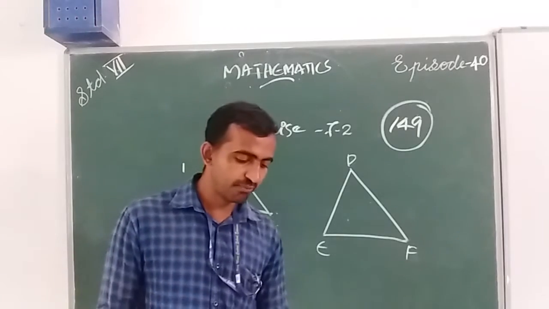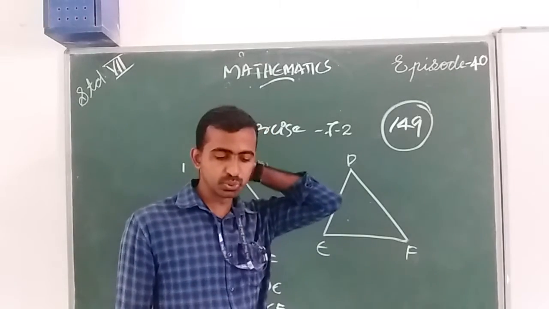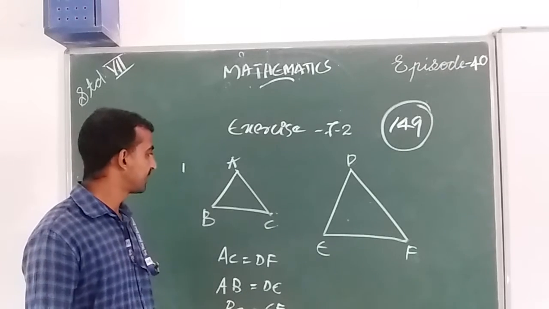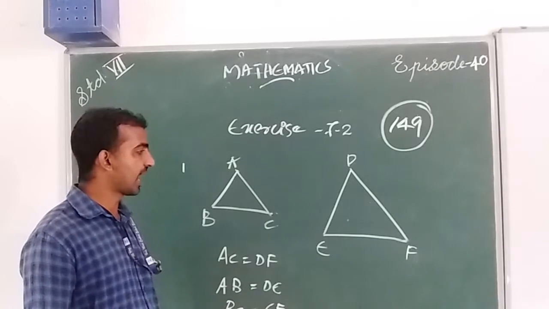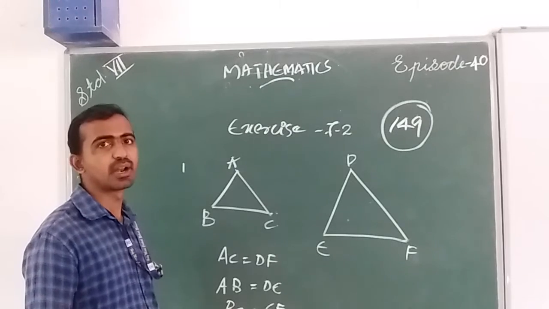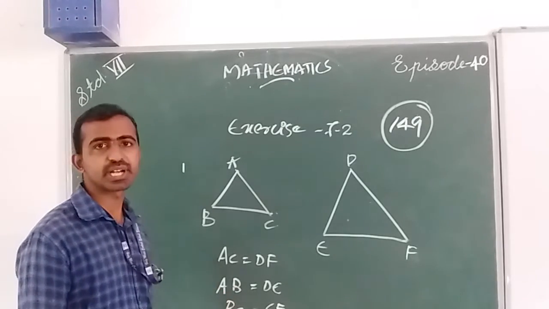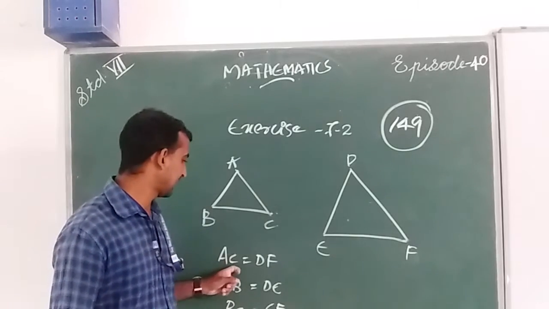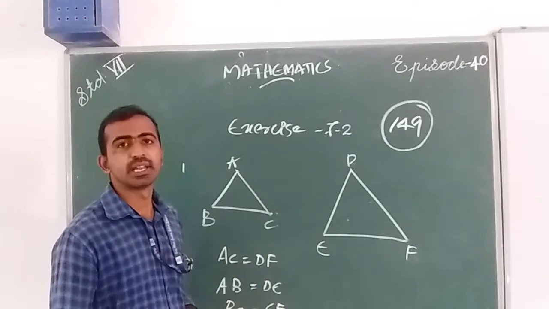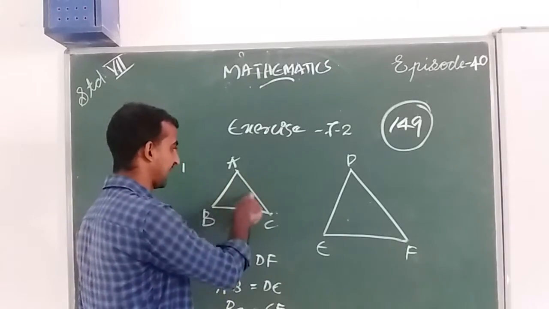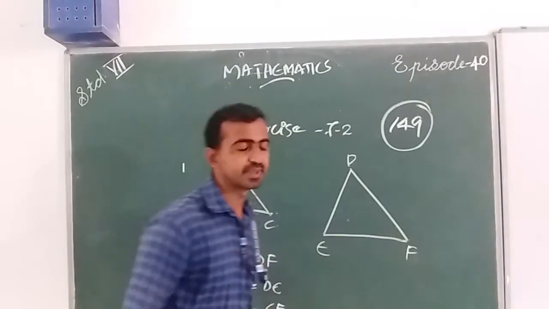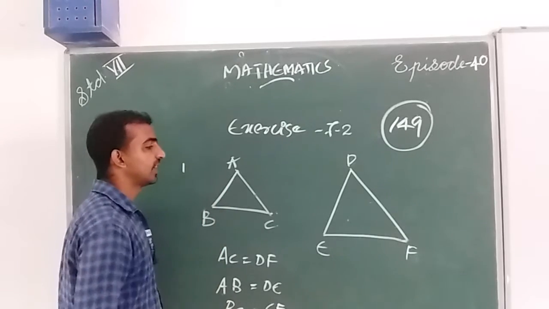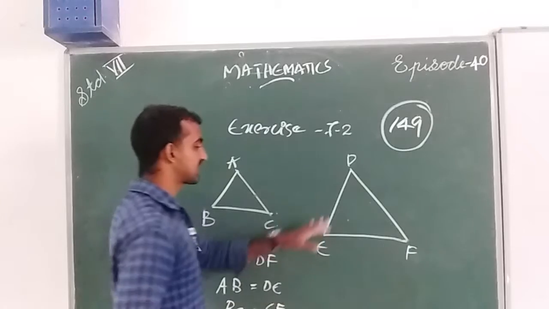Here AC equals DF, this side is equal to this side, and AB is equal to DE, the second side.